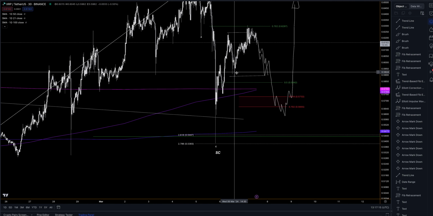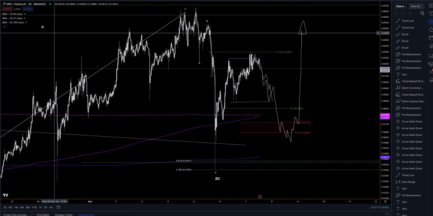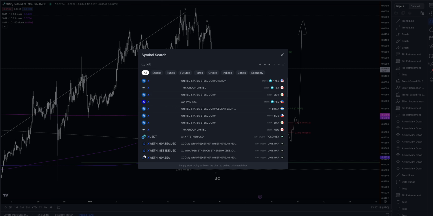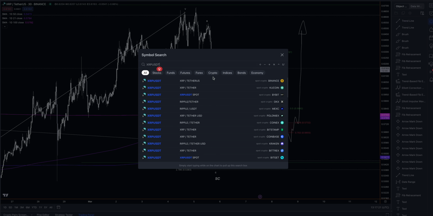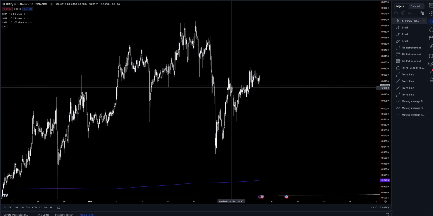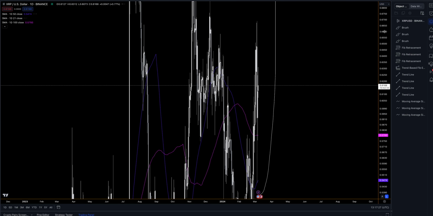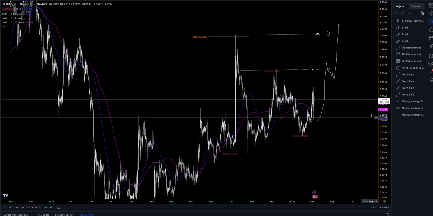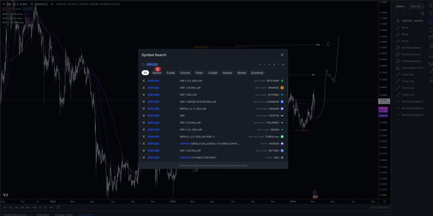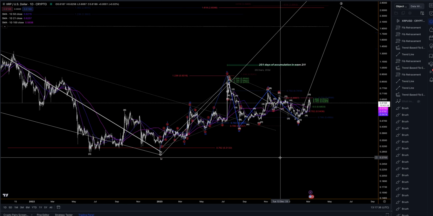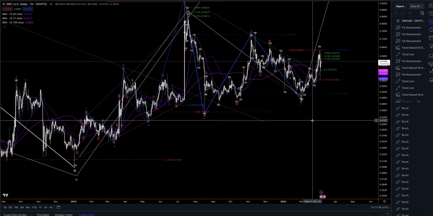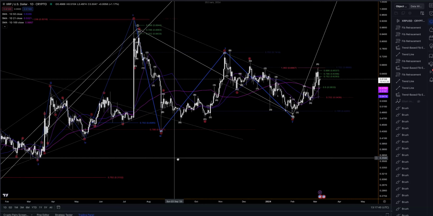But let's not focus so much on the small time frame here, and let's retake a look at what we have here on the high time frame. Let's go on the daily time frame over here. Okay, so as you can see, the correction is done.